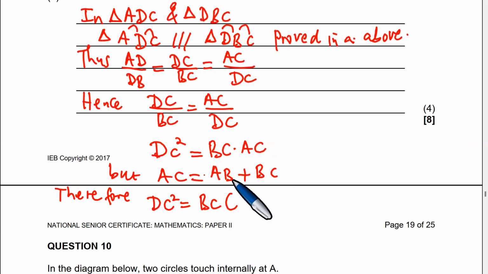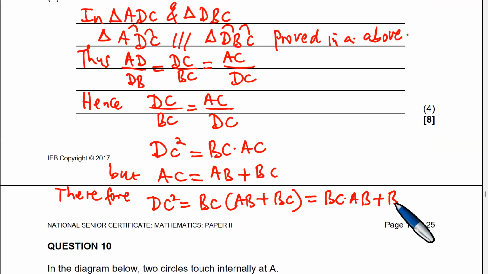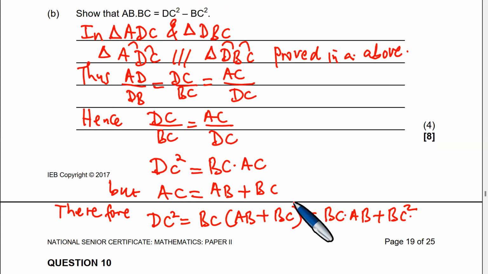What is AC? AC is this, so we put AB plus BC, and we multiply everything through. If we multiply everything through, what is this here? This is BC times AB plus BC times BC, which is BC squared.